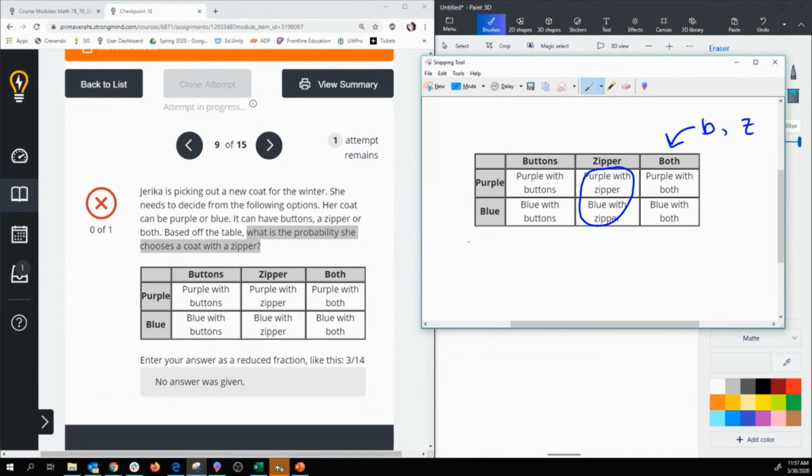So if the very last category, with both, has a button and a zipper on it, do those count for also being a coat with a zipper? Yeah, perfect, right? Wade got it. So for this example, these two options also work because since it has both, it has a zipper included in it.